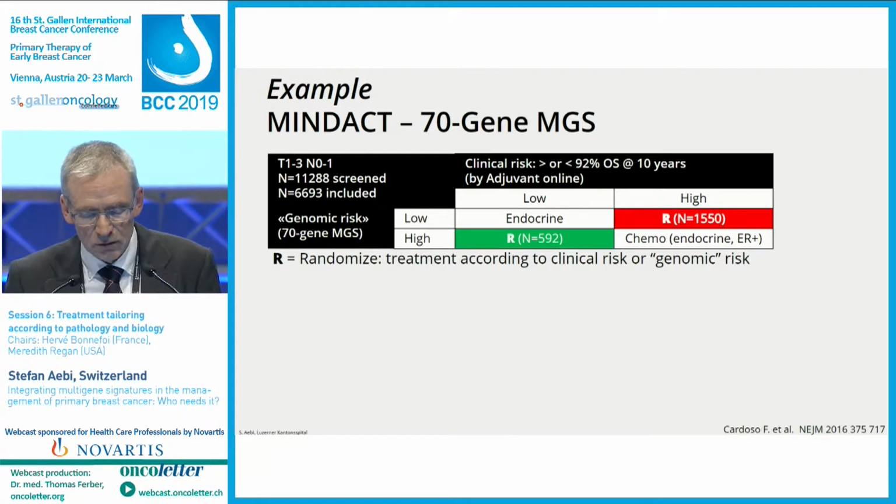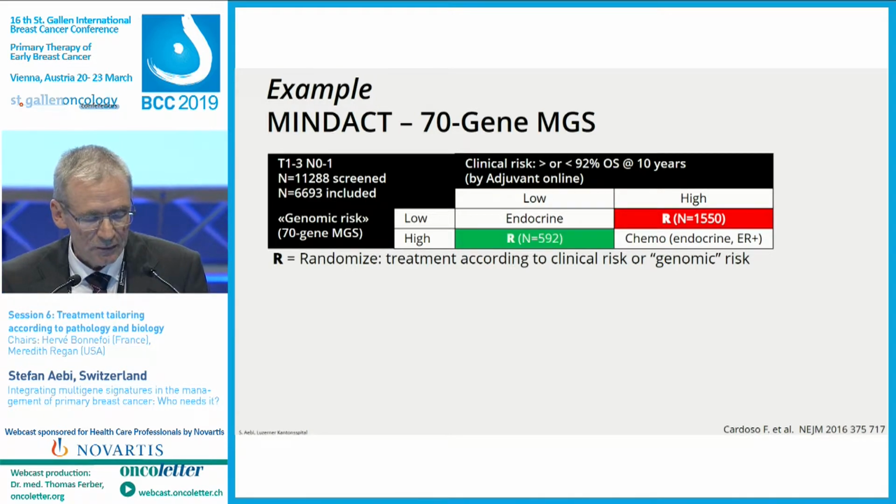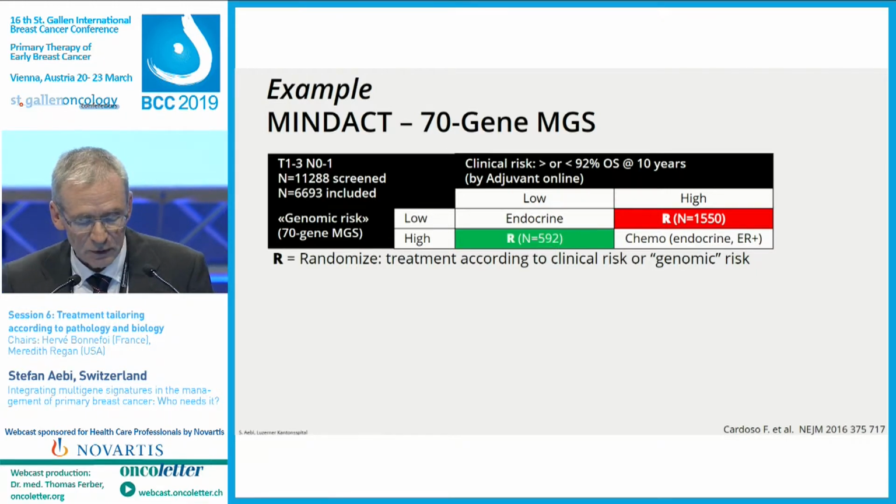So you had two classifications. One was clinical, one was genomic, and patients in the discordant groups with high clinical risk and low genomic risk, or high genomic and low clinical risk, were randomized to treatment according to clinical risk or genomic risk.